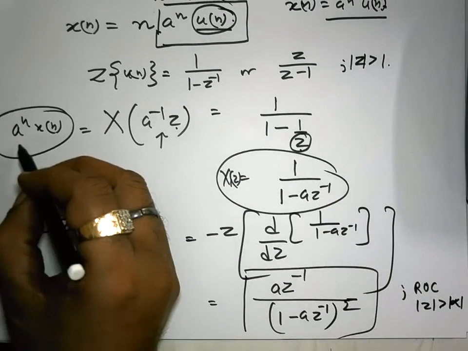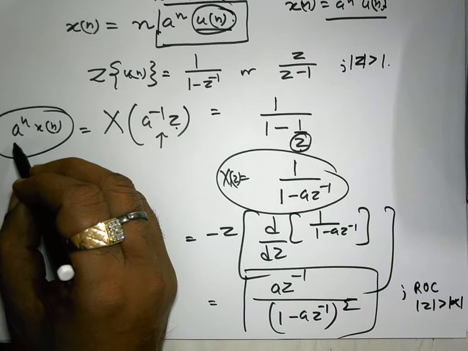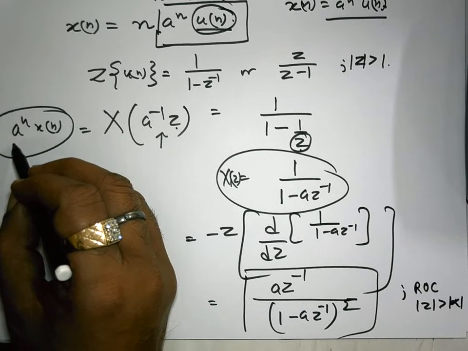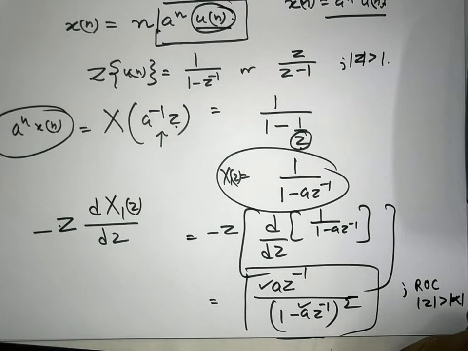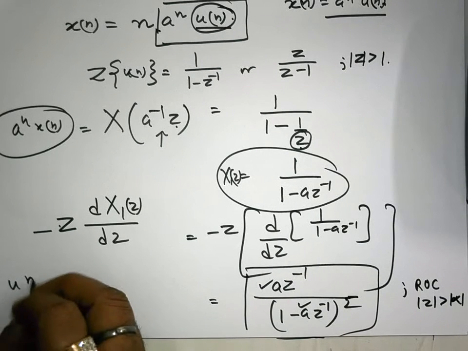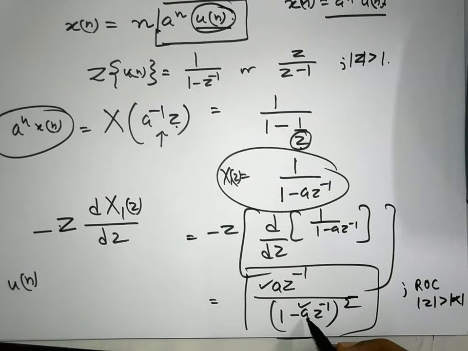Now suppose somebody asks you to evaluate the Z transform of n u[n] using this property. You will put a equal to 1 in this relation, and then you can evaluate the Z transform of n u[n]. In this relation you will put a equal to 1.